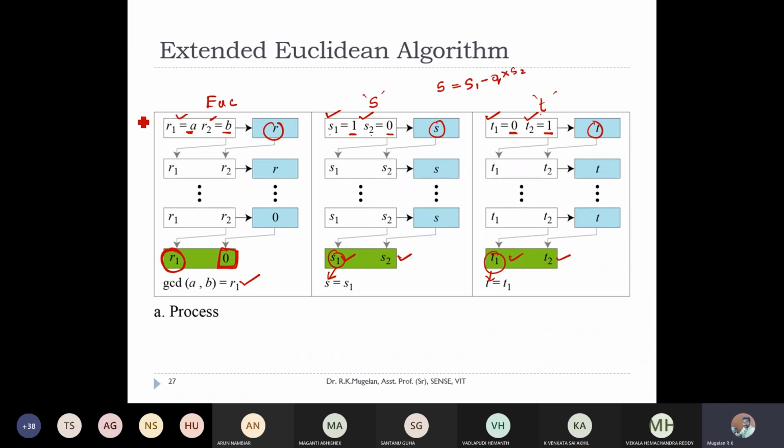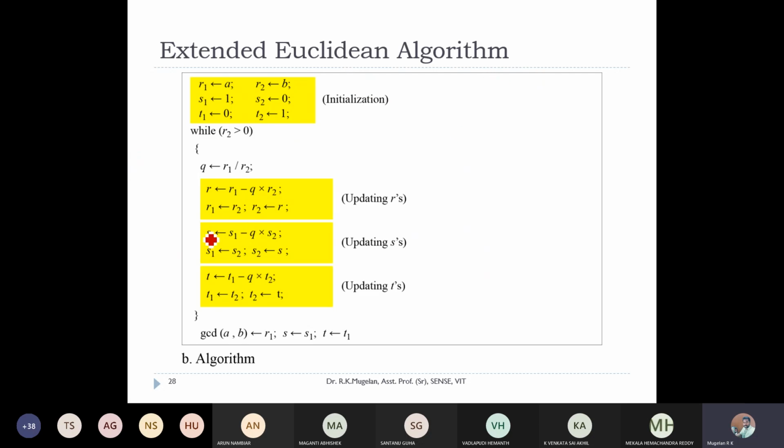You'll be getting your quotients here for each and every step. And T is nothing but T1 minus Q times T2, which you can see here.